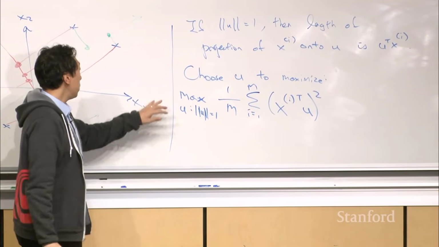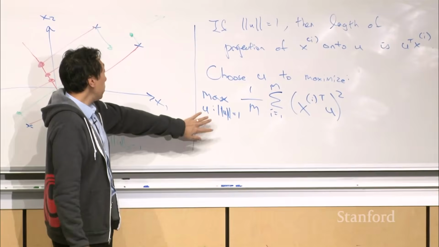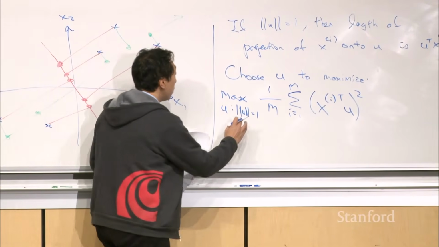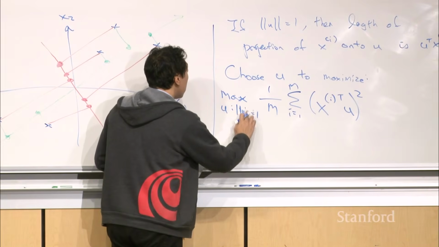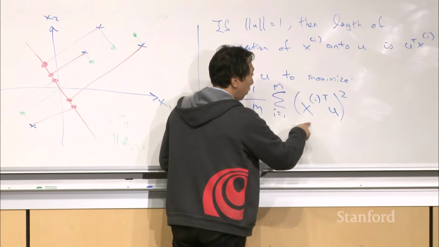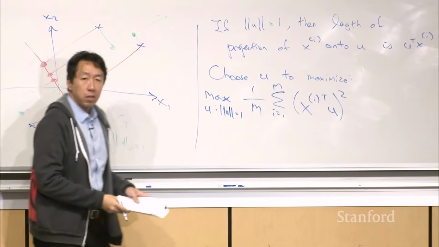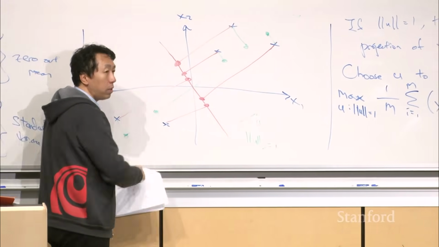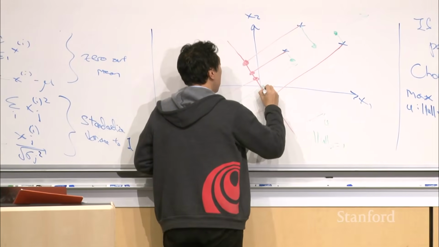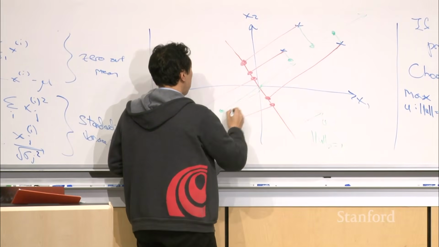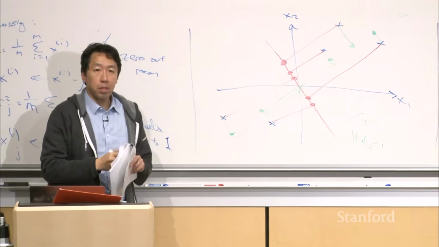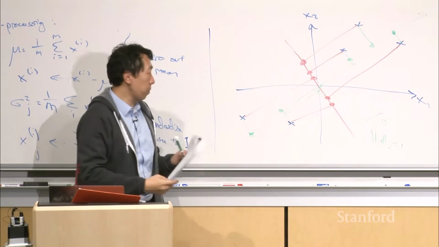So this notation says maximize over all vectors u such that the length of u is equal to 1, of 1 over m, the sum over the training set of the square of the magnitude of the projections. In other words, another way to describe this is you want to maximize this length squared plus this length squared plus this length squared, and so on, summed over your training examples.